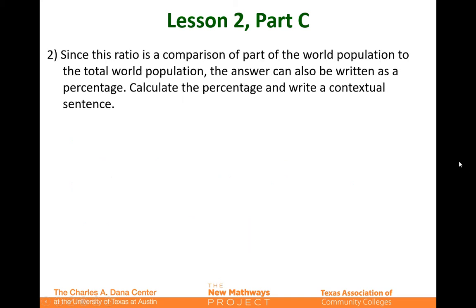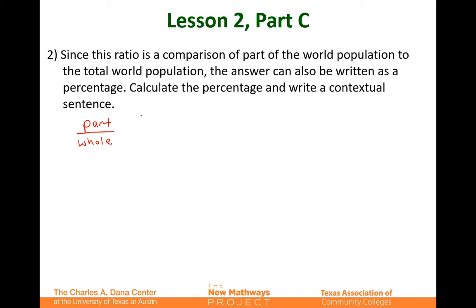Since this ratio is a comparison of part of the world population to the total world population, the answer can also be written as a percent. It's very important that you understand when you calculate a percentage, you are always comparing part of something to the whole.